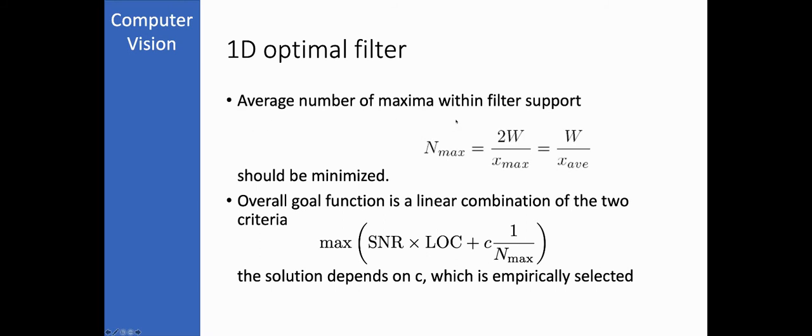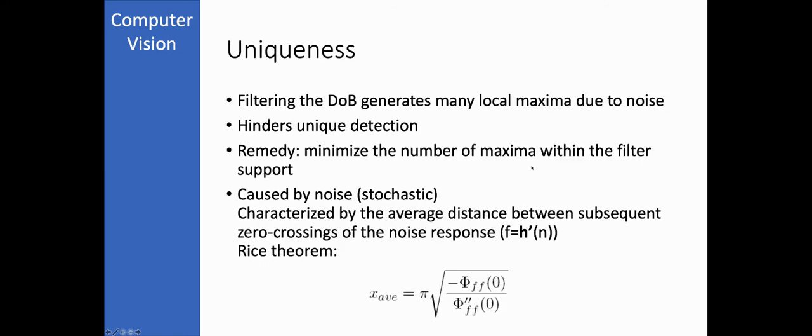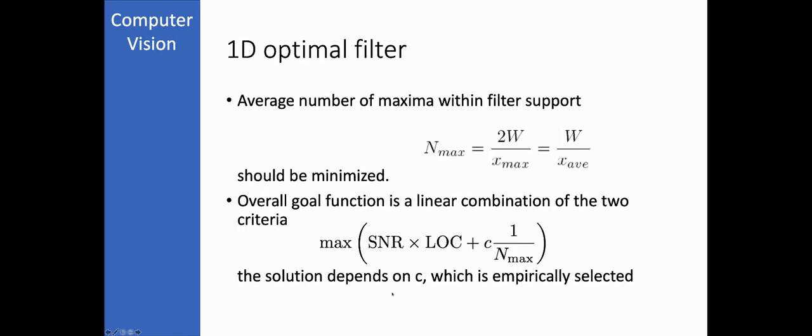And the average number of maxima within a filter support, if I assume my filter is 2W wide, is the entire support, or the width of the filter, over the average x, so the x given here. And I want to minimize this. I want to minimize the number of maxima that I observe within the filter support.